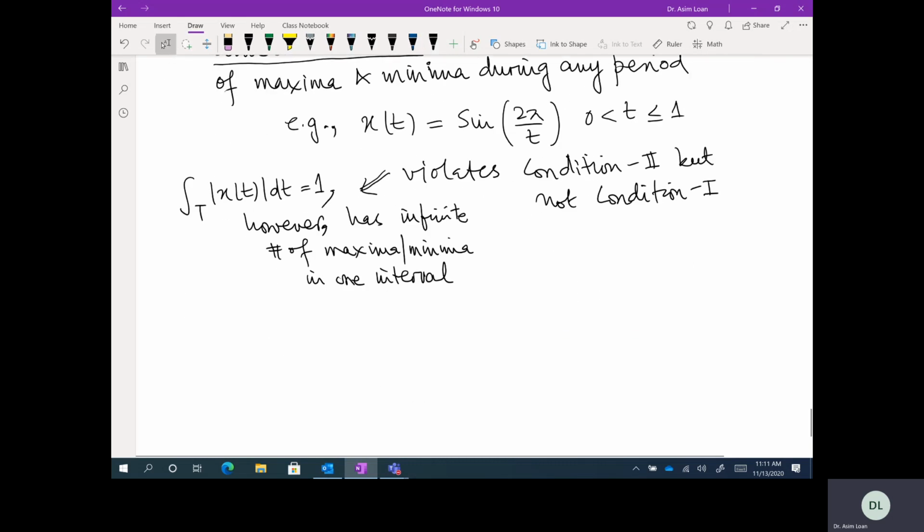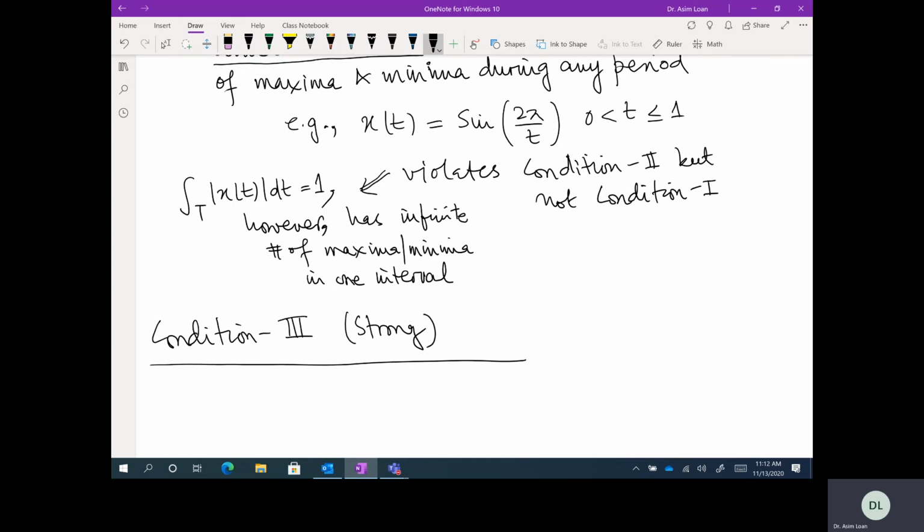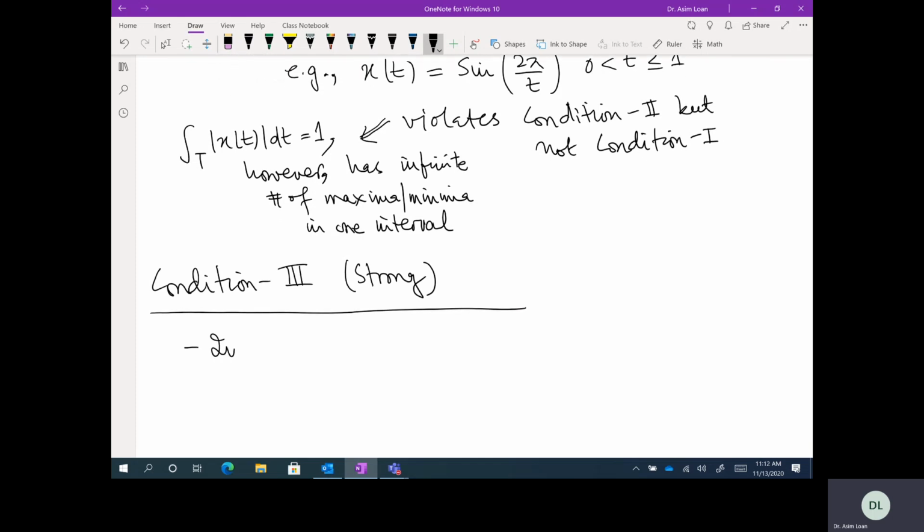And what about condition 3? Condition 3 is also a strong one. This is related to the discontinuities, the height of the discontinuities and how many discontinuities. If the sum is not an infinite sum, then we do not have convergence issues, and we'll see when we do the discrete time Fourier series that we do not have any convergence issues.